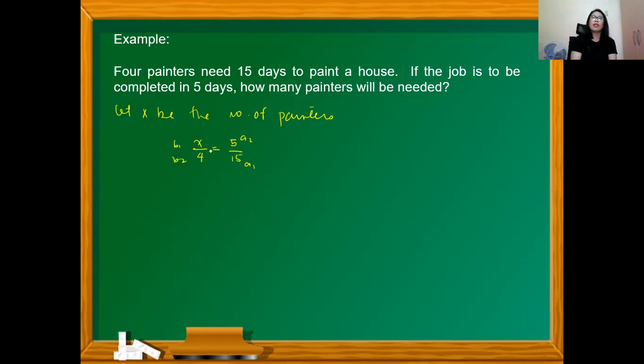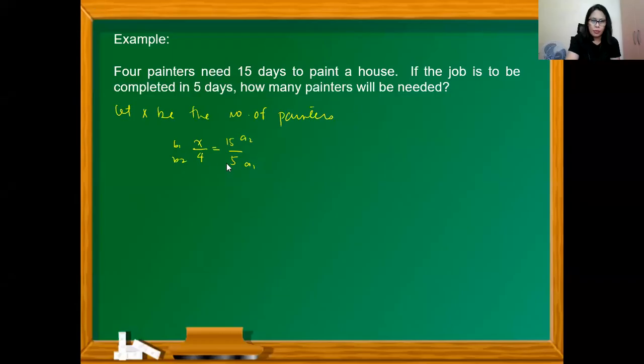We know that equivalent fractions are the same. So for us to simplify this equivalent fraction, we can cross multiply, and their product must be the same as well. So as we cross multiply, instead, it has to be 15, and this must be 5.